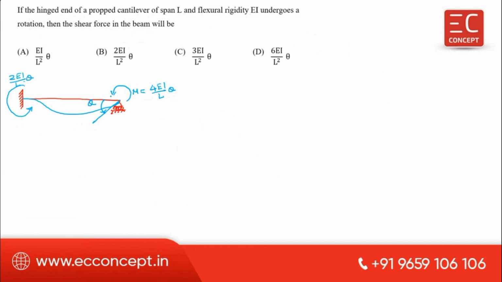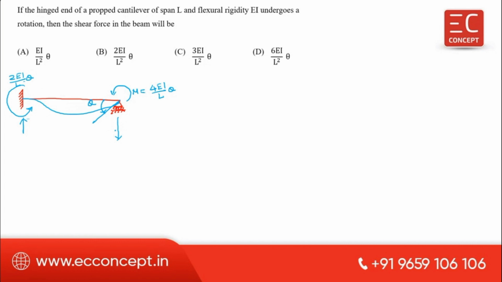Now, what is the reaction? Here the reactions are something like that. Here these two moments are anti-clockwise. So the reaction shall be developed in such a way as to counteract this anti-clockwise couple.